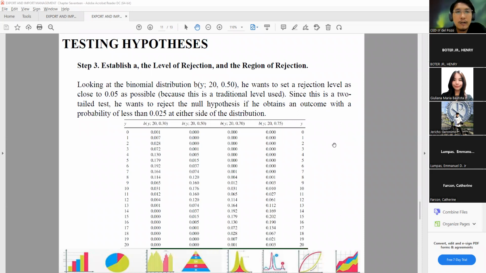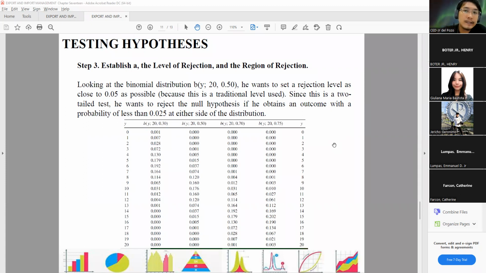Okay, establish the level of rejection and the region of rejection. It is so important because if we want to make a conclusion, we want to determine ano lang yung i-accept natin or yung values. Remember that the value of y na gagamitin natin is from 0 to 20 kasi 20 yung sample natin.